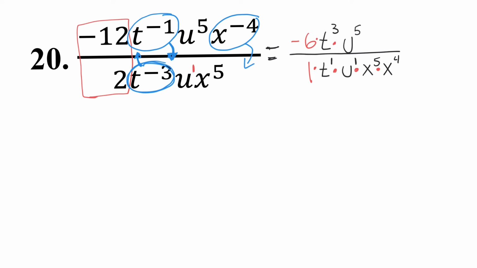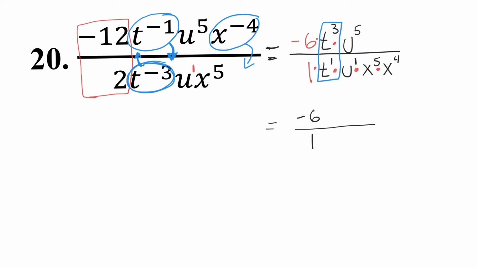But we can use more properties of exponents to simplify the bases, or the ones that have the same base. So in the fraction, I'm going to keep the negative 6 over 1 because I cannot do anything else with those numbers. But if you look at the t's, t to the 3rd over t to the 1st power.